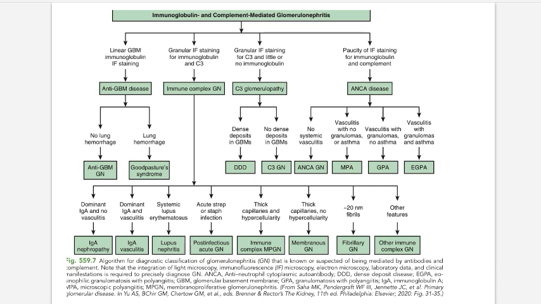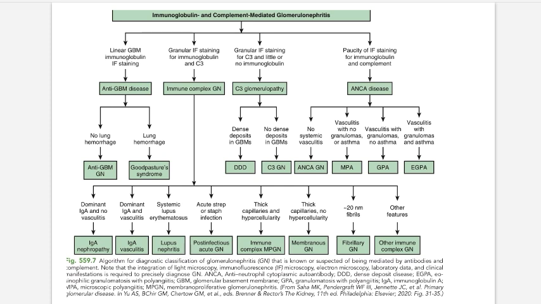How will we differentiate them? If there is no systemic vasculitis, this is ANCA glomerulonephritis. If vasculitis with no granuloma or asthma, it is MPA. If vasculitis with granuloma and no asthma, it is GPA. If vasculitis with granuloma and asthma, it is EGPA. So this is very important.